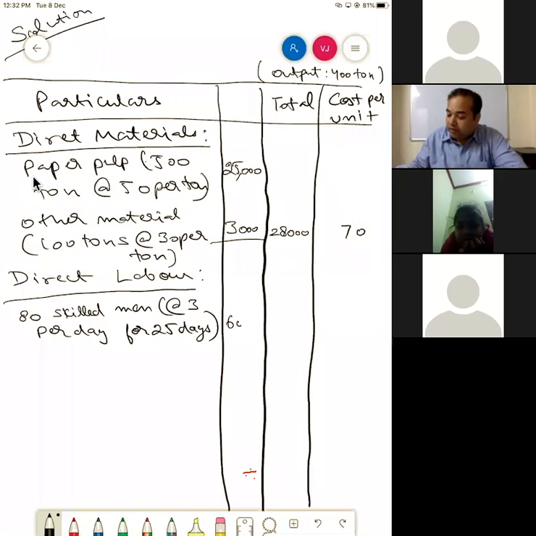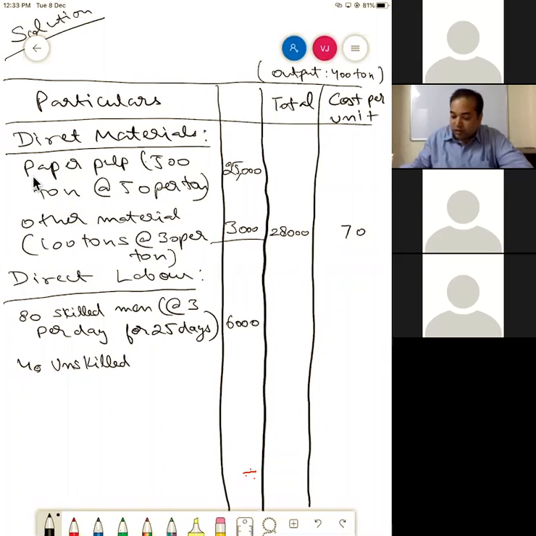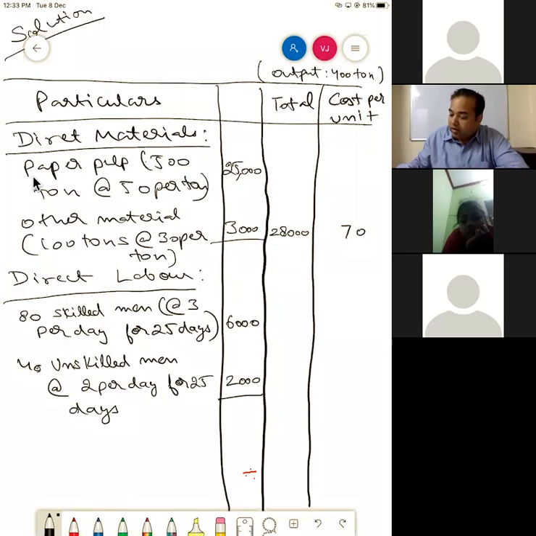So amount would be 6,000, and there are 40 unskilled men at the rate of rupees 2 per day for 25 days. So you get 2,000. Total it up, you will get 8,000 divided by 400. You will get 20.